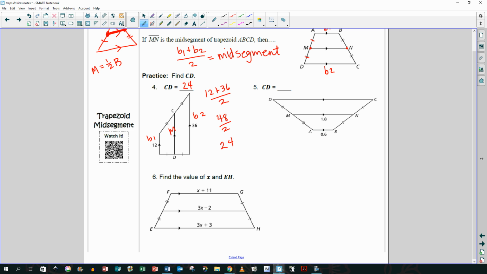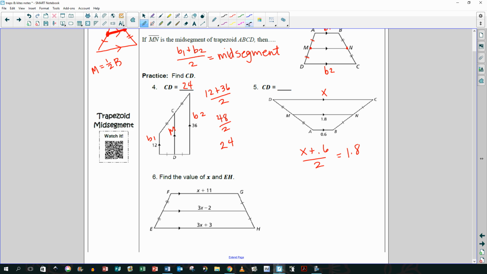But what happens when they don't give you the bases? Oh, wait, you gotta go backwards. You still use the exact same formula. The formula is the formula for a reason. So here I would do base 1 plus base 2 divided by 2 equals the mid-segment.